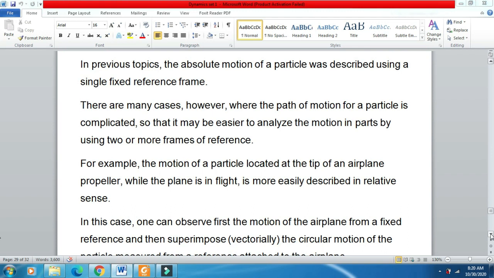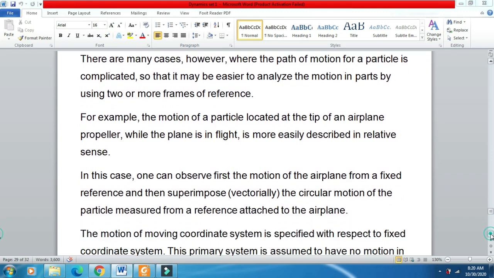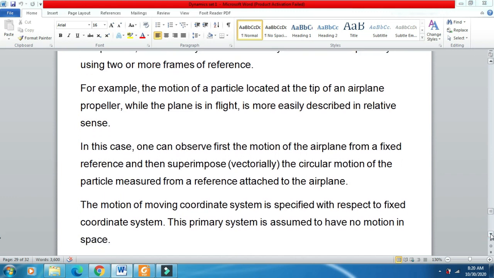At the location on the propeller, or the particle on the propeller, we have to, for example, determine the kinematic parameters. So the kinematic parameters of that particle which is on the propeller, and the propeller is rotating in a moving airplane, can be described in a suitable or easier way if we consider the relative motion.